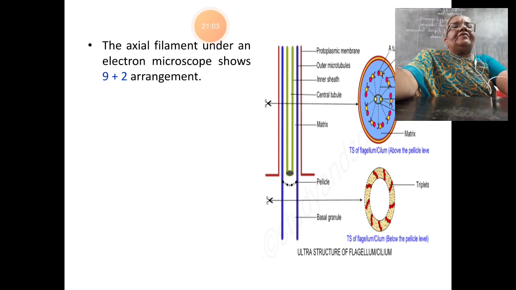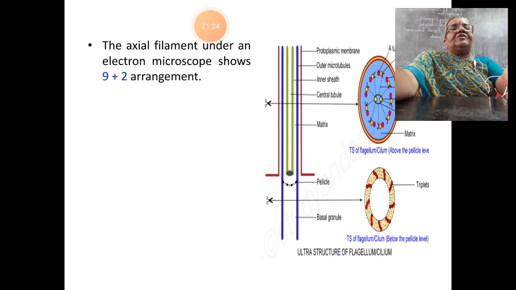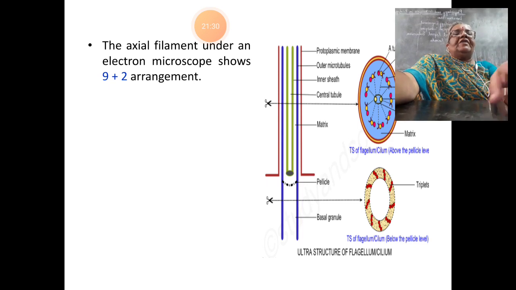In the center you can see two bodies, and on the outer side, just count the number, they are 9, right? 9, and each unit is made up of 2 subunits, therefore we call them doublets, subunit A and subunit B. Okay. If you carefully observe the cut section of the flagellum, you can see this 9+2 arrangement in the diagram, right?